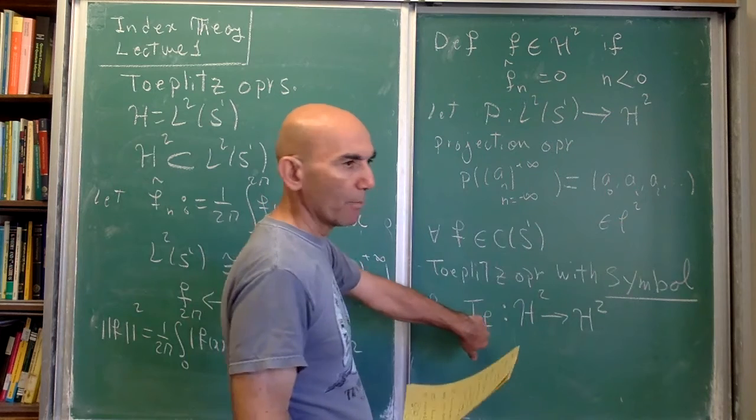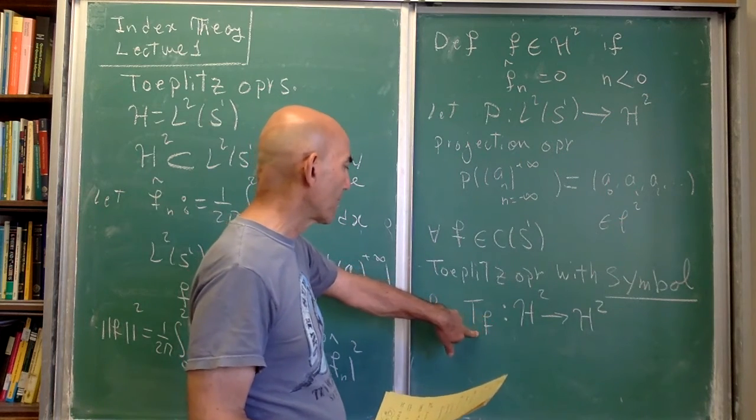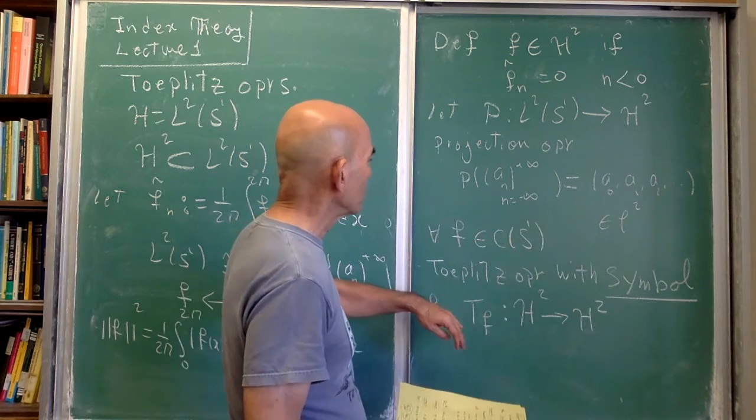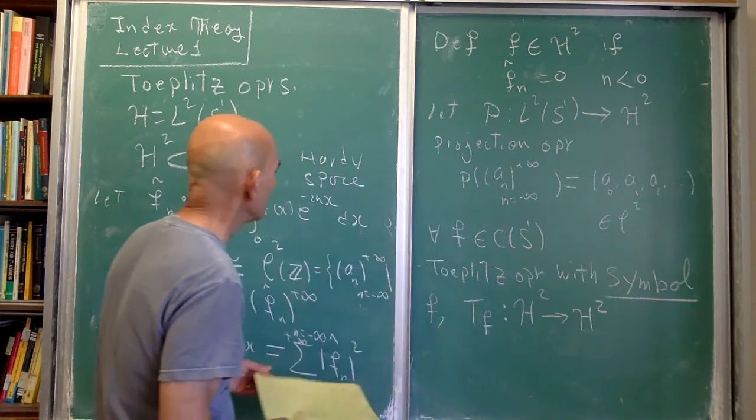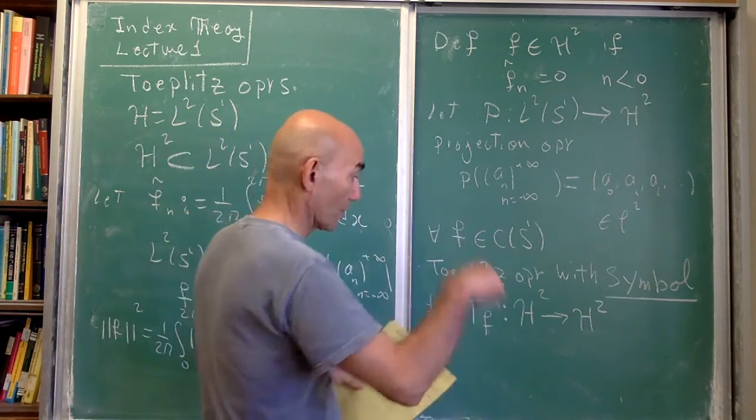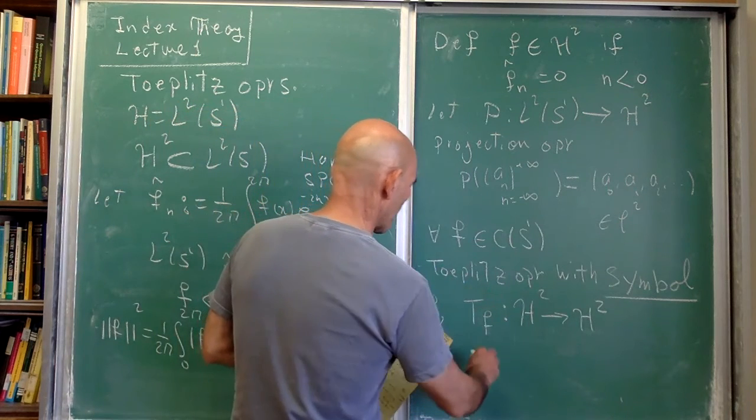You multiply by F, and then you project again, because when you multiply by F, you may easily go out of the Hardy space, but you want to come back to the Hardy space, so you have to project.